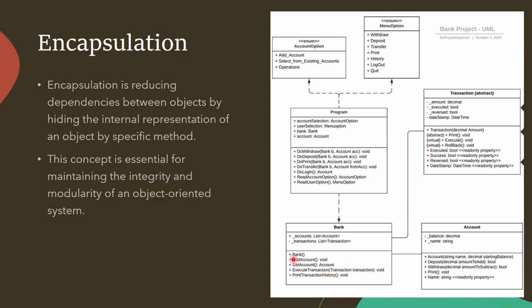Here in the bank class, we are just calling execute transaction, but this bank class doesn't know what that transaction is. It doesn't know how to execute withdraw, how to execute deposit, or how to execute transfer. It just calls this transaction class, and this transaction class takes care of everything. So this is how encapsulation is utilized in my program.